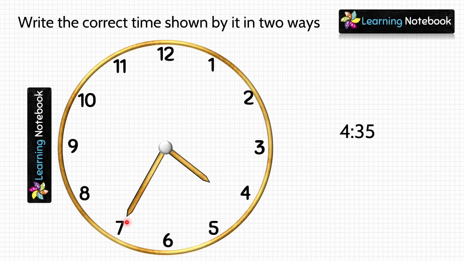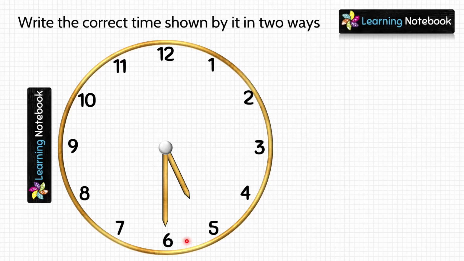So one way to read this time is 4:35. Now how many minutes are left to the next hour 5? 25 minutes are left. So we can say the time is 25 minutes to 5.